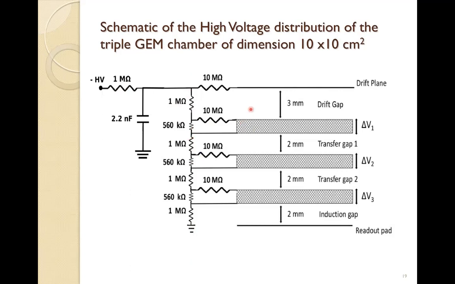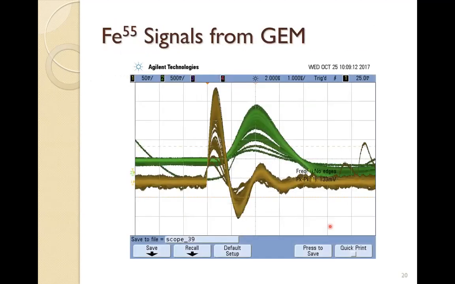So electrons will move in this direction, and there will be multiple avalanches. So finally, we collect the signal from the readout plane. So this is again the oscilloscope signal, how we see the iron 55 signal in the oscilloscope.